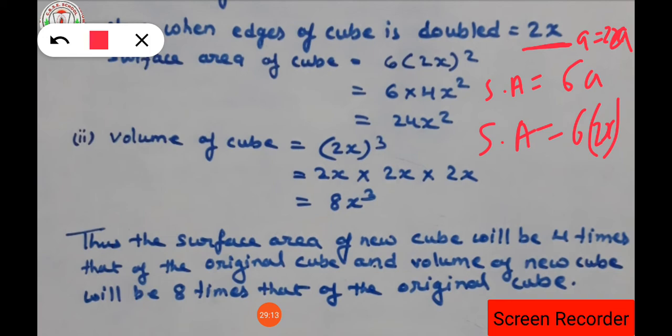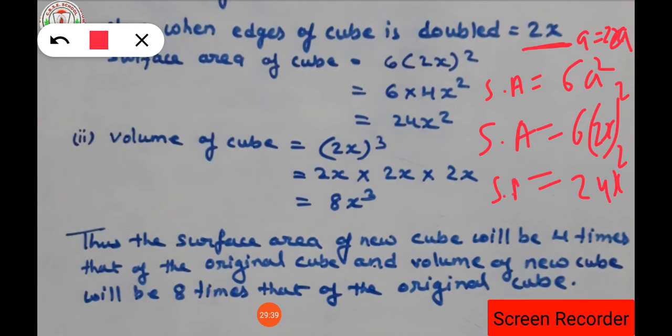So what will be the surface area? Since it is 6a square, it is 6 into the whole square of 2x, so 2x into 2x will be 4x square. So 6 into 4x square will be 24x square. This will be the answer for the surface area.